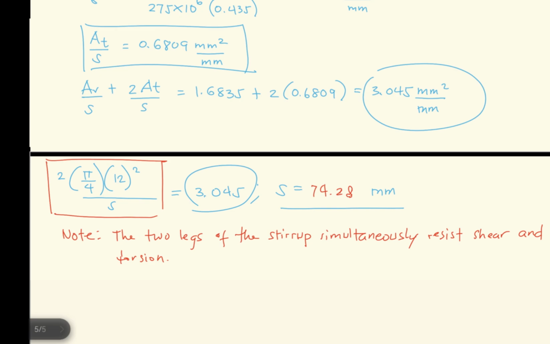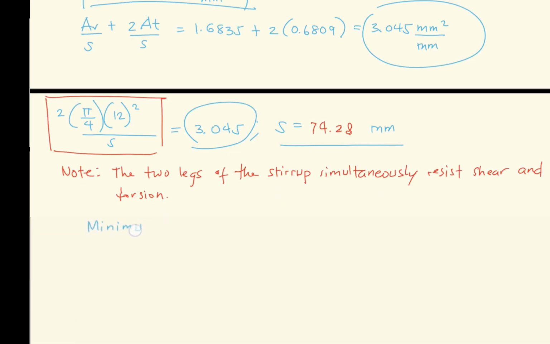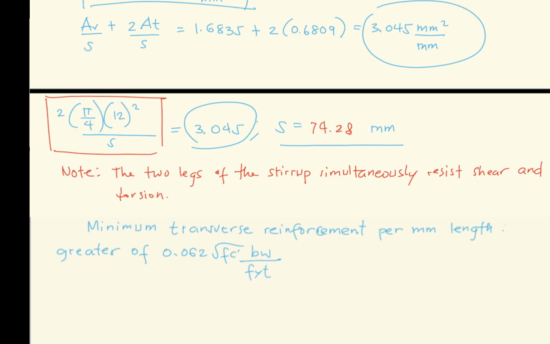So we say the minimum transverse reinforcement per mm length will be the greater of the following: 0.062 times the square root of fc prime bw over fyt, and 0.35 bw over fyt.